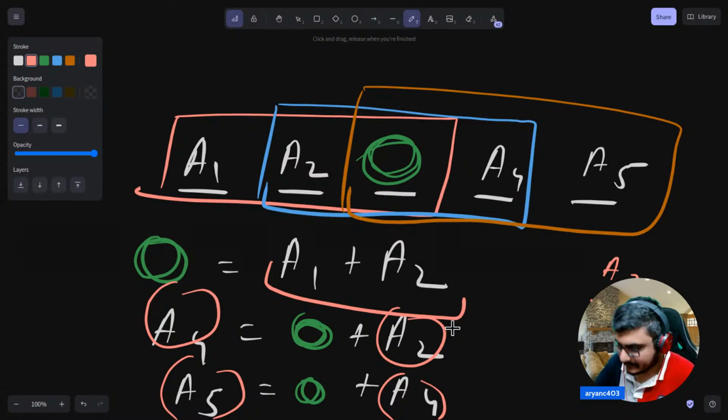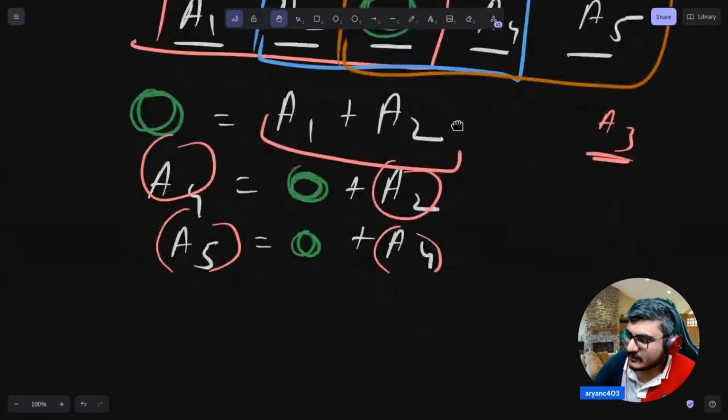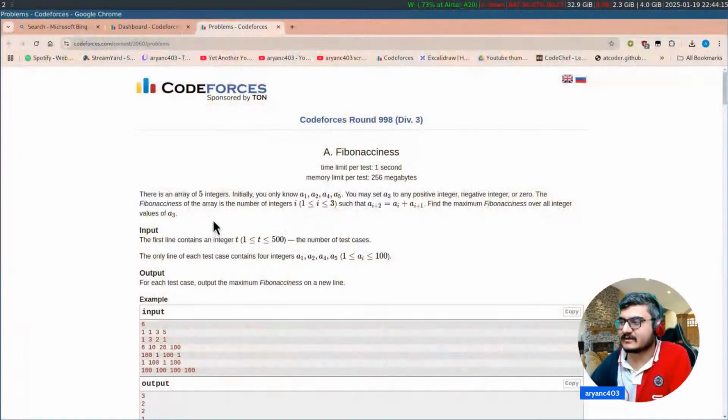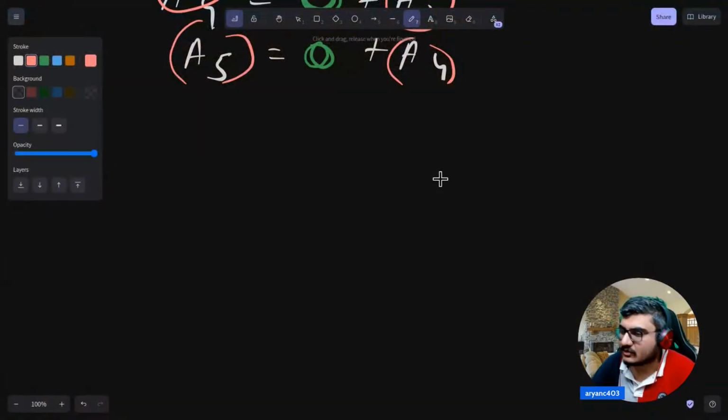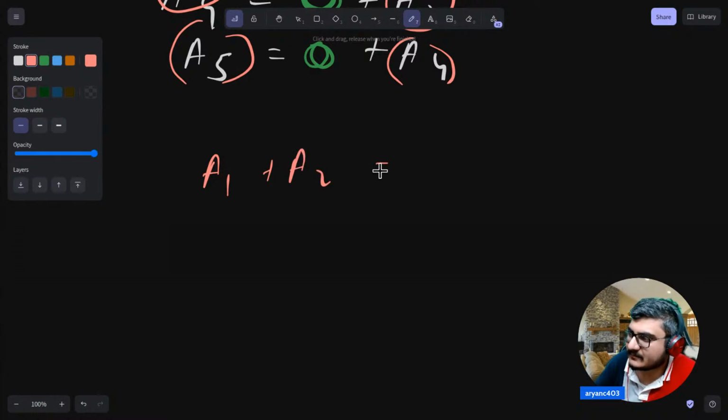This is one solution. In contrast, what I did was, you can notice that all the numbers are between 1 and 100. So if A1 plus A2 is a pair, then this will hold and this should be less than 200.